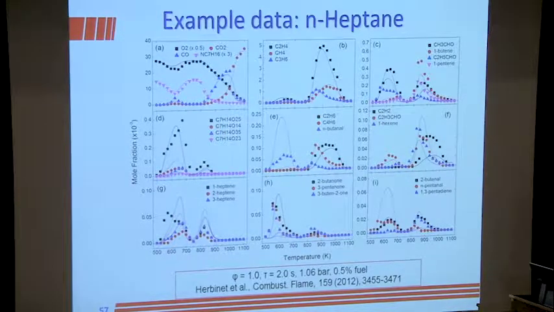Here's oxygen, here's the fuel, you've got carbon monoxide and water there. Here you've got some olefins: ethylene, methane, propene. Here's some small oxygenated species, cyclic ethers, all sorts of different compounds reported. A very rich data set that can then be used to validate a model.